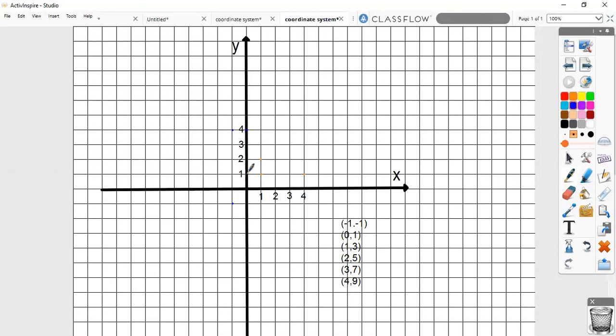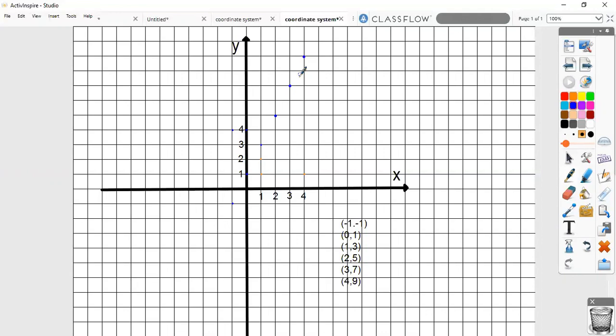It will be this point. The next one, x is 1, y is 3, will be this point. If the points are small, I can make them big. 2 and 5 will be this point, 3 and 7 will be this point, and 4 and 9 will be this point.